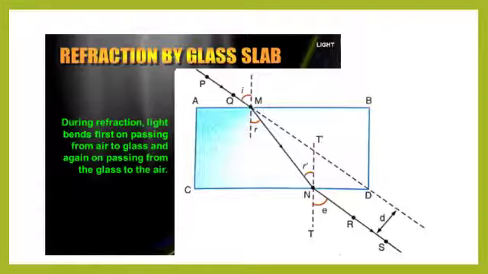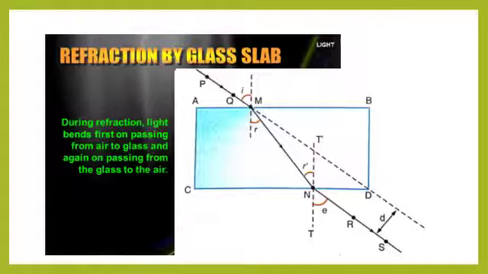Okay, PQ is the incident ray, MN is the refracted ray, and RS is the emergent ray or final ray that is coming out from the glass slab. Now what is the characteristic of this emergent ray? It is parallel to the incident ray, meaning RS is parallel to PQ.